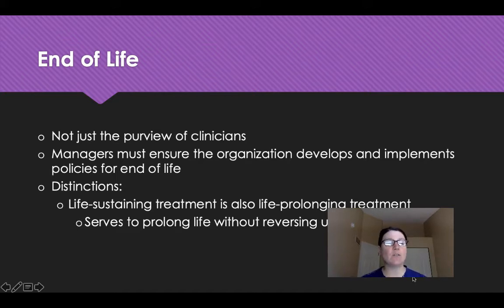Healthcare administrators also need to be sure that our organizations have the appropriate policies and structure within our organization for end-of-life decisions, for setting people up to be in the right position if something like that were to come up, those types of things.